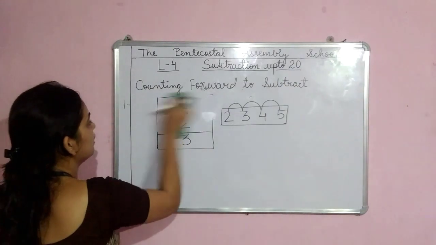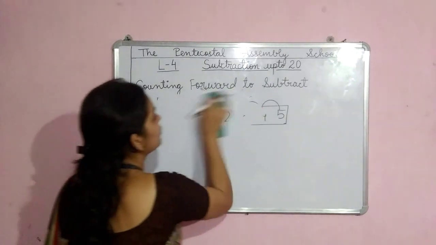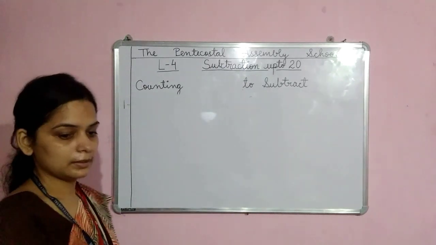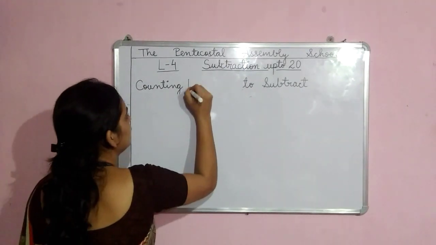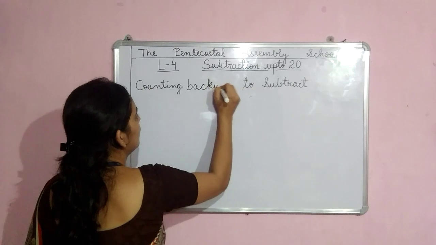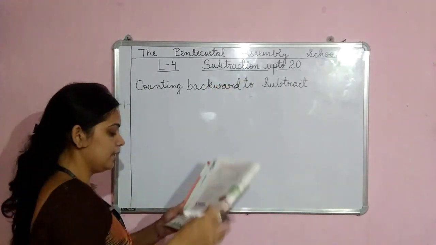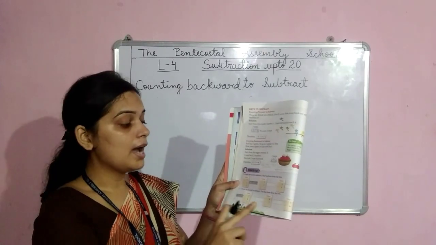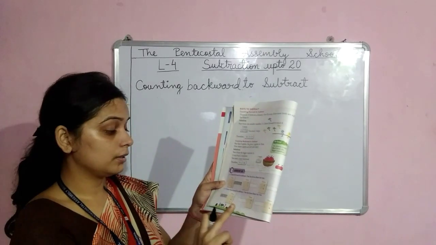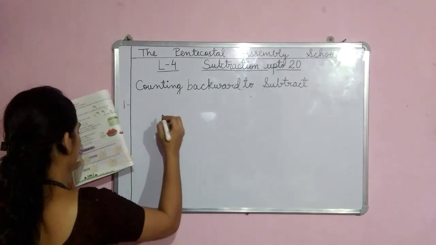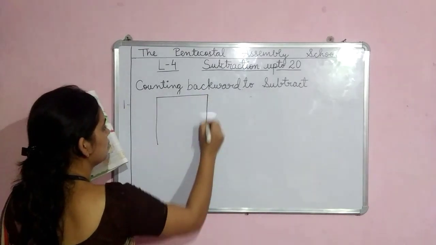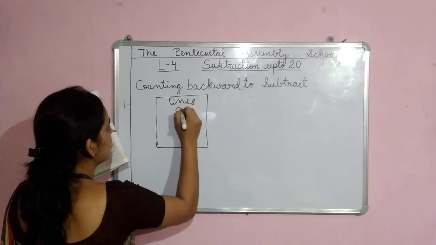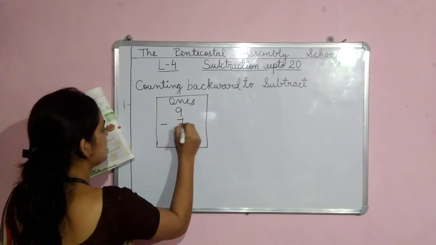Now I will explain one more, counting backward. Okay, in counting backward, question number 2, 1 is already done for you. I will start question number 2. 9 minus 7.